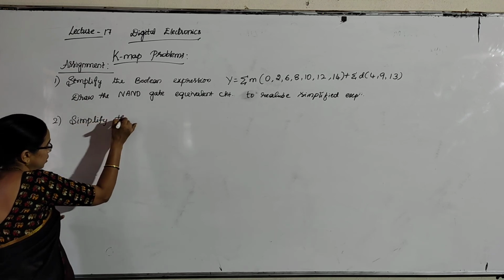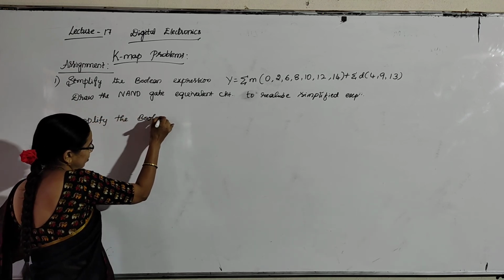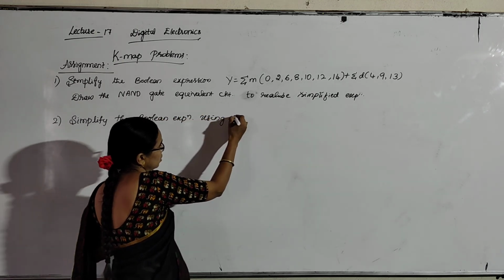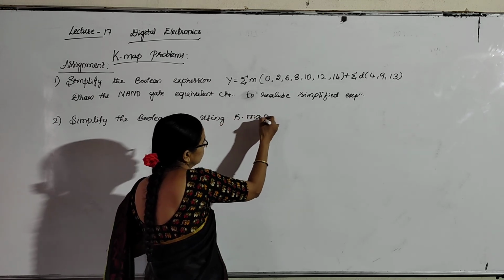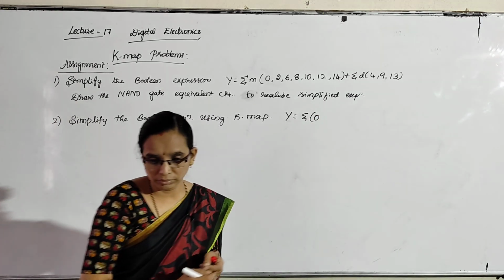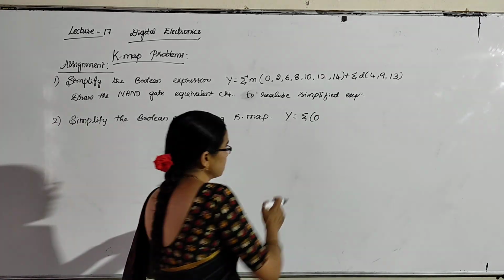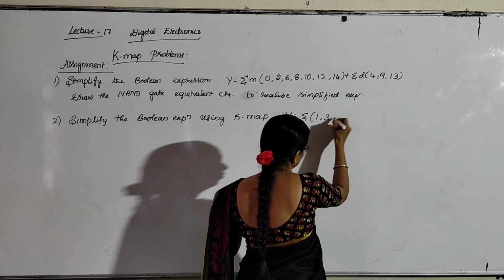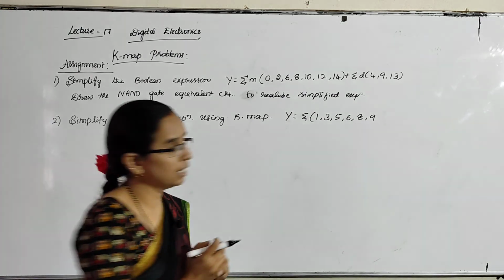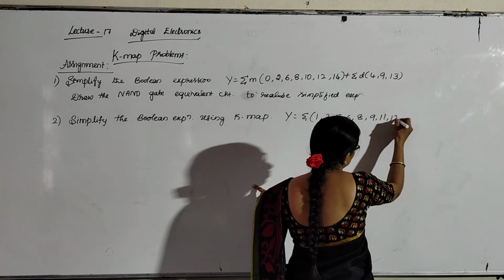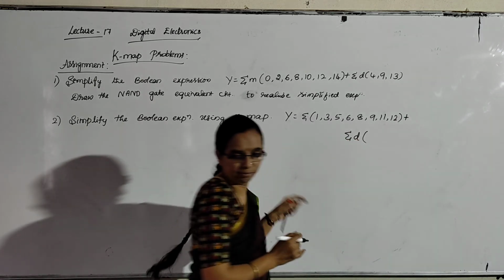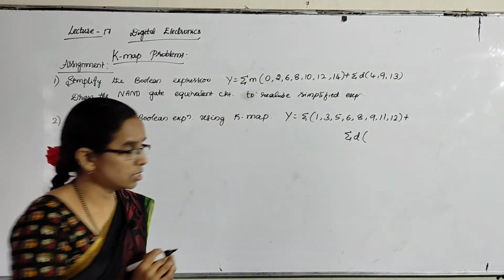simplify the Boolean expression using K-map. Expression is summation of 1, 3, 5, 6, 8, 9, 11, 12 plus don't care conditions 0, 7, 14.